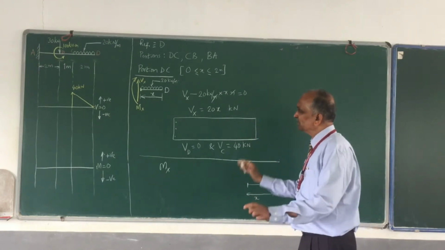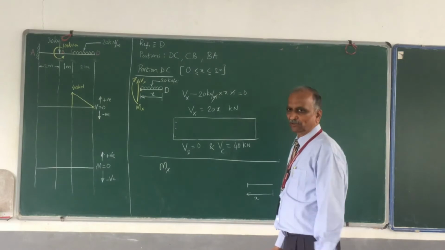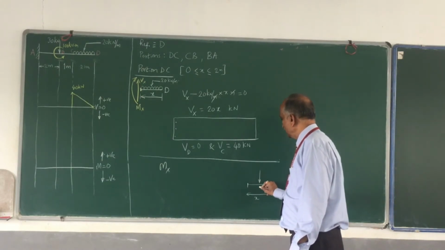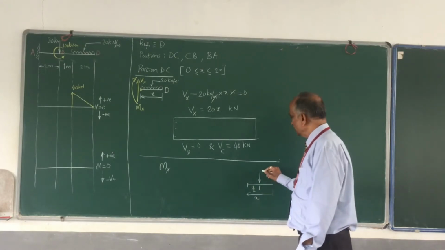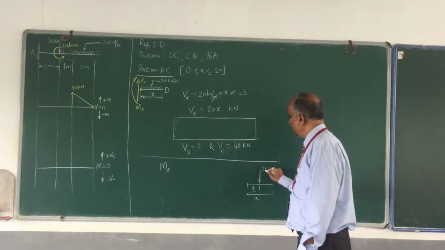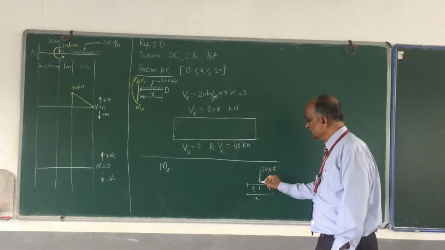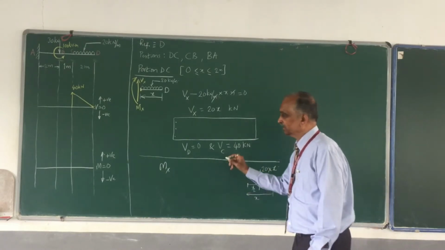You have x, and this is where you are taking the section. I am interested in only the UDL. That UDL is going to be replaced by a point load. The point load will be acting at the midpoint. This distance is x by 2. So how much is this load? This is equal to 20 multiplied by x. 20x multiplied by x by 2. That is the moment in the clockwise direction.